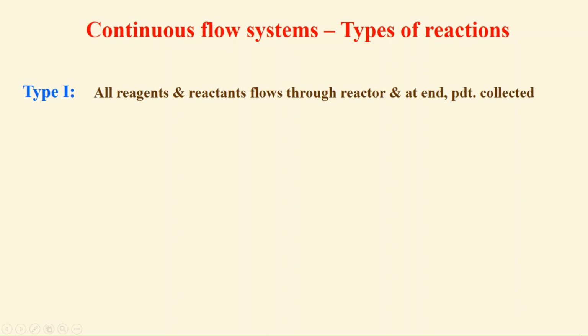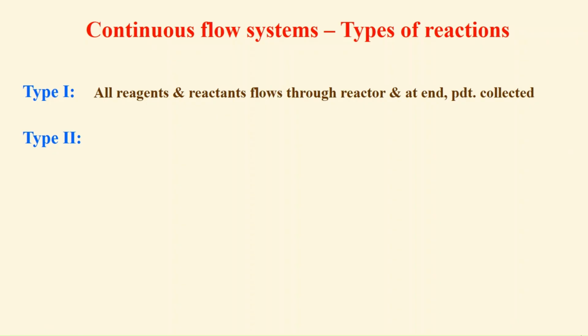The first type is one reaction in which all the reagents and reactants flow through the reactor, and at the end the product is collected.